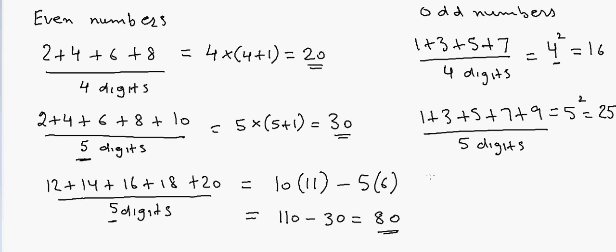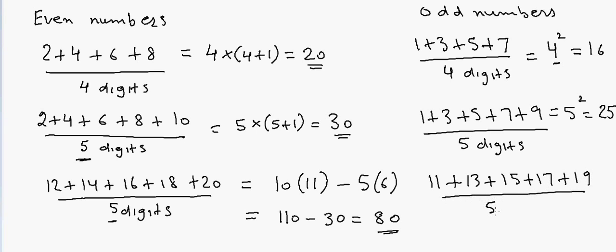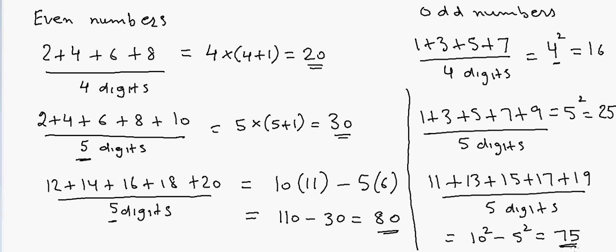Now if I have something like 11 plus 13 plus 15 plus 17 plus 19, these are also 5 digits, so the answer will use the same approach that we used there. So let me put a line here, so the answer would be equal to 10 square minus 5 square, that will be equal to 75.